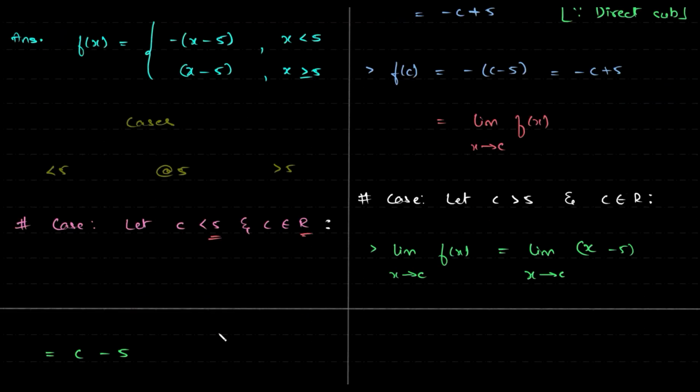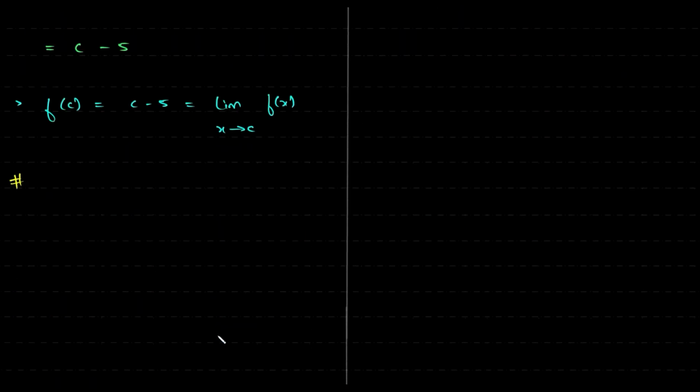Now at 5 is what we have to figure out. As you can see, it is continuous, but still, let c be equal to 5, the case at c is equal to 5. Okay, so we have limit f of x as x tends to 5 minus, or c minus. We can represent it either way, not an issue.